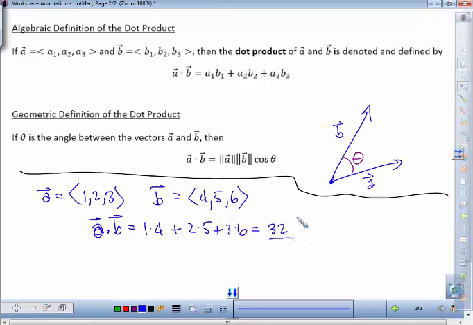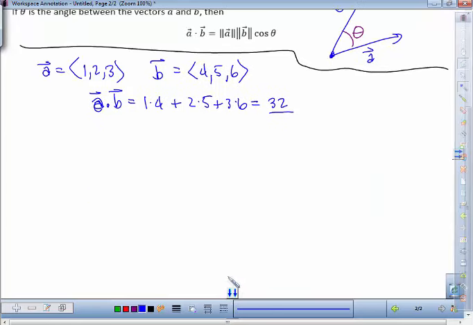Again, it's a scalar, it's a number, so that's it. Okay, so that's 32, and then let's say we're interested in finding the angle between these 2 things.